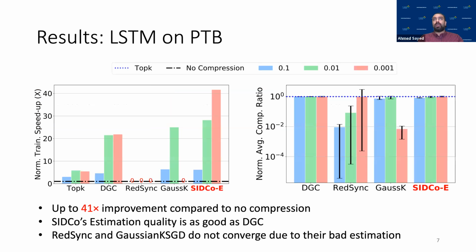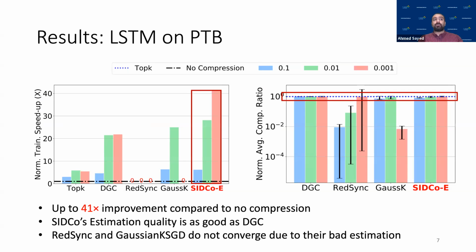So SIDCo in practice, we evaluated it over several ML benchmarks using CNNs, RNNs, and different data sets. And here I'm showing one example, training an LSTM model on the PTB dataset. As we can see from the left-hand figure, we show the normalized training speedup of SIDCo compared to other methods.